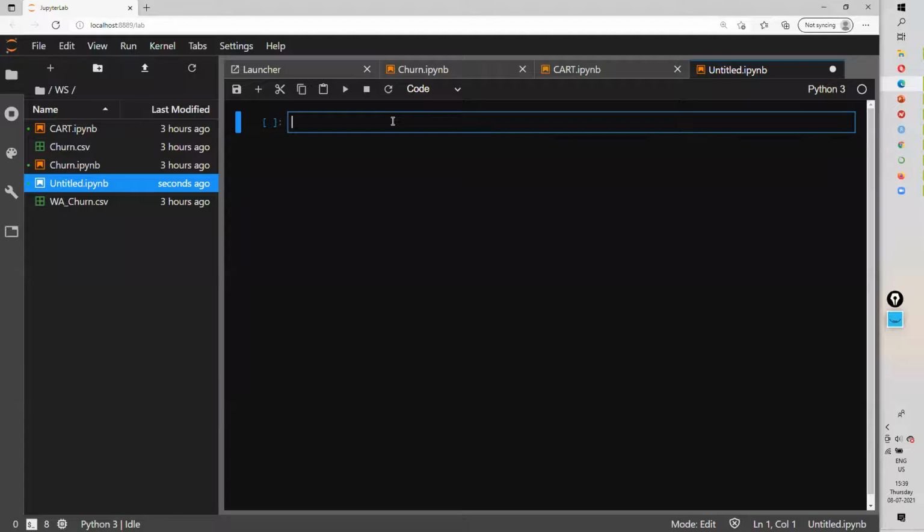Now, let me write the code for those few things. In a matter of 10 to 15 lines of code, we would be able to complete all of these steps. Very simple. This is where I said if you are familiar with Python before, that would be an added advantage. Import NumPy as np.